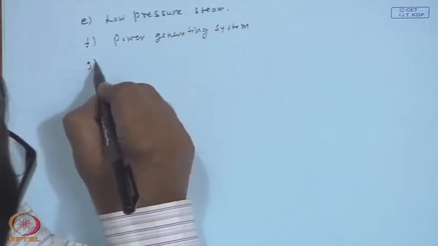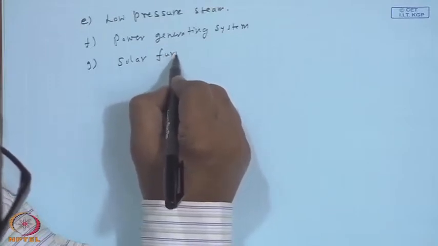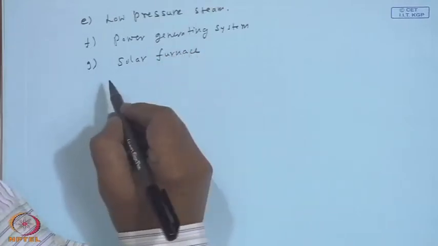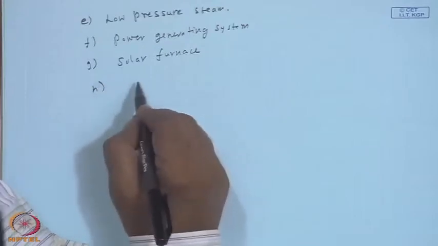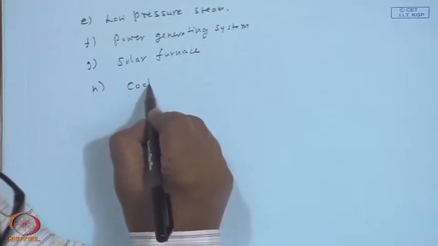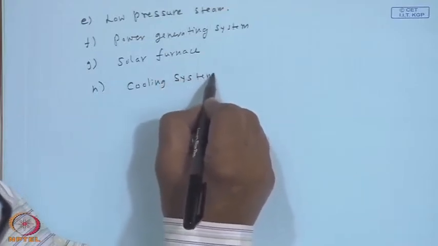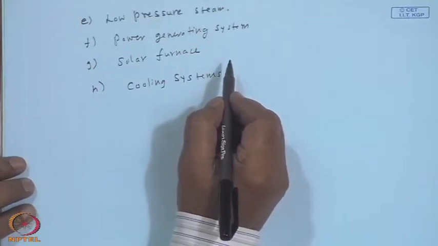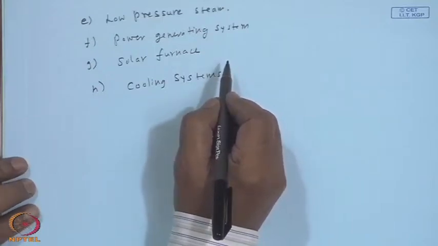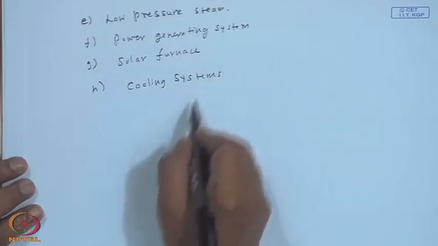And G, it may be a solar furnace, and H could be cooling systems, including absorption type or compression type refrigerators and cooling of the room or cold storages.